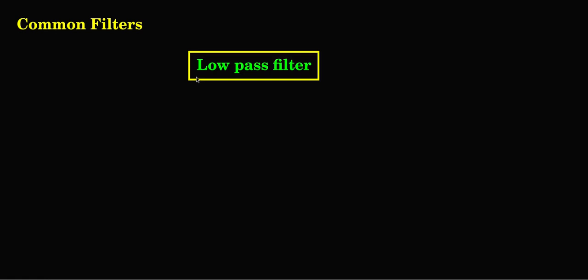So we need to build a low pass filter for discrete signals. But first, if you consider the continuous time analog domain, what is the low pass filter? A common low pass filter that we are familiar with.